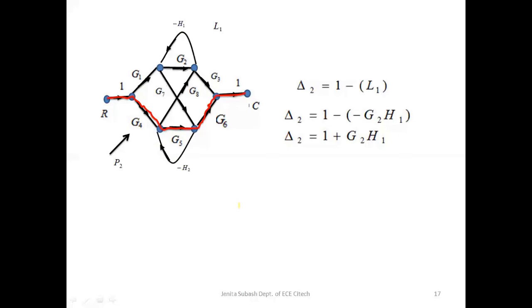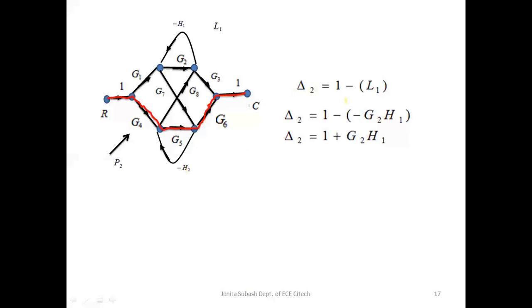It starts from input node R and reaches output node C. With respect to the second forward path, we can see clearly that loop L2 is touching it, and L3 is also touching the second forward path. The loop L1 is not touching it. The path P2 and the loop L1 do not share a common node. Hence, I can say that they are not touching each other.